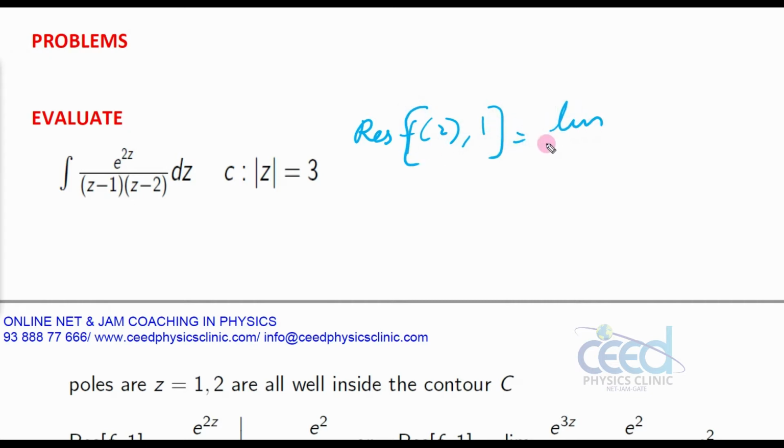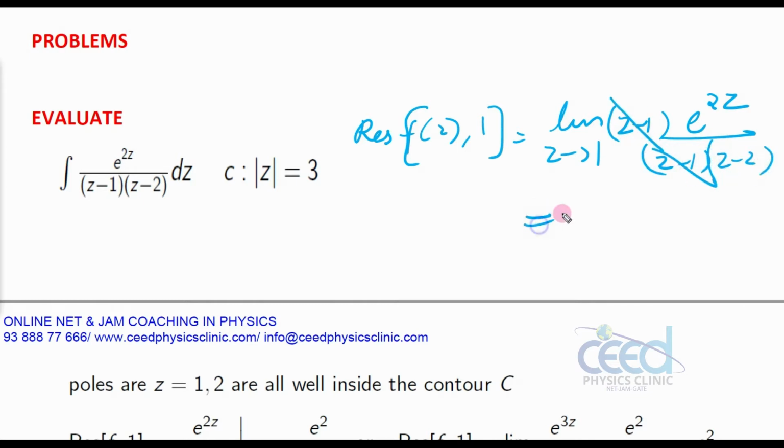limit as z tends to 1 of (z minus 1) into e raised to 2z divided by (z minus 1) into (z minus 2). So z minus 1 and z minus 1 cancel. When I substitute the value here, we get e raised to 2 divided by minus 1.